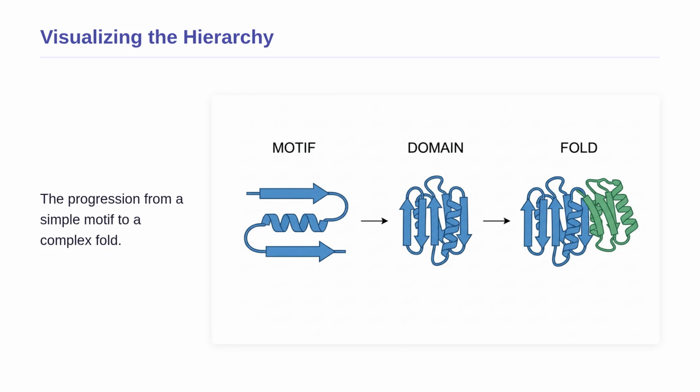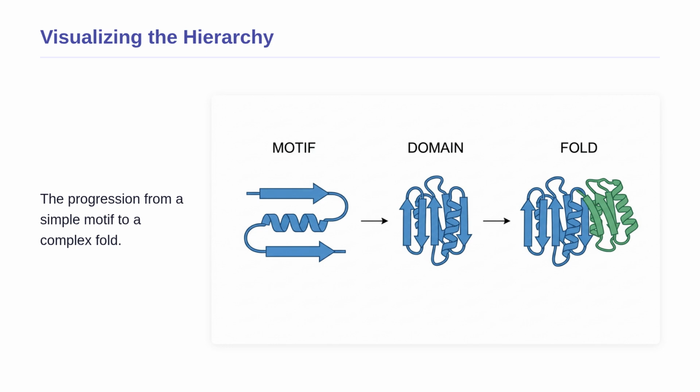To make these concepts concrete, let us look at this visual representation of the protein hierarchy. On the far left, you can see a motif. Notice how it is just a simple recurring structural element, specifically a beta-alpha-beta loop, combining a few secondary structures. Moving to the center, we see a domain.